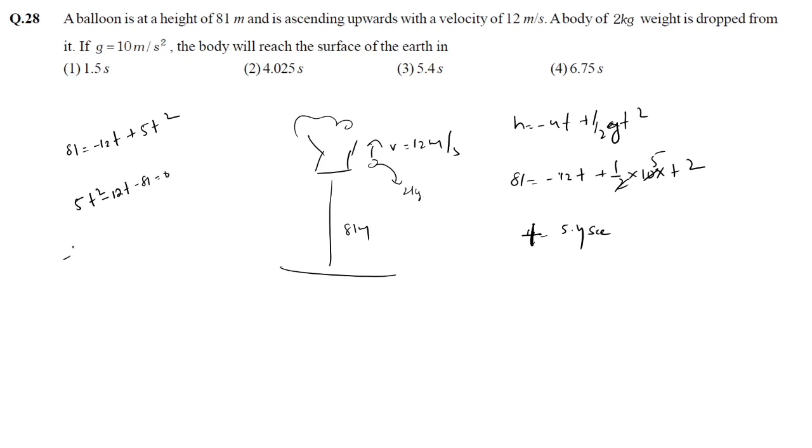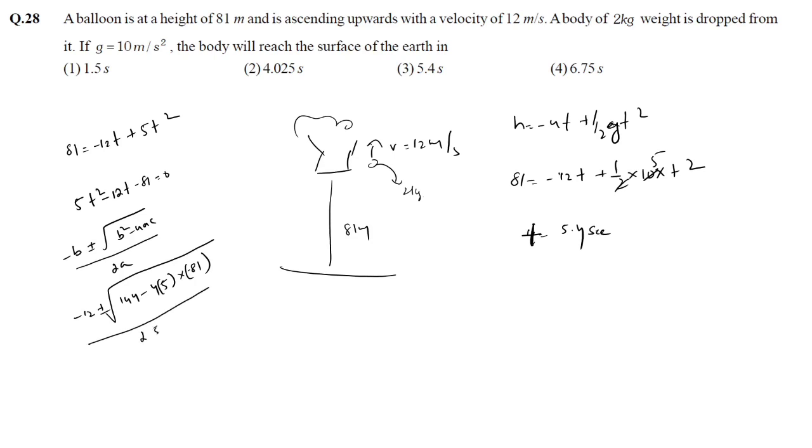It is minus b plus or minus square root of b square minus 4ac, divided by 2a. So minus of minus 12, plus or minus square root of 12 square means 144, minus 4 into 5 into minus 81, if you simplify, divided by 2 into 5. So you will be getting it as 5.4 seconds.